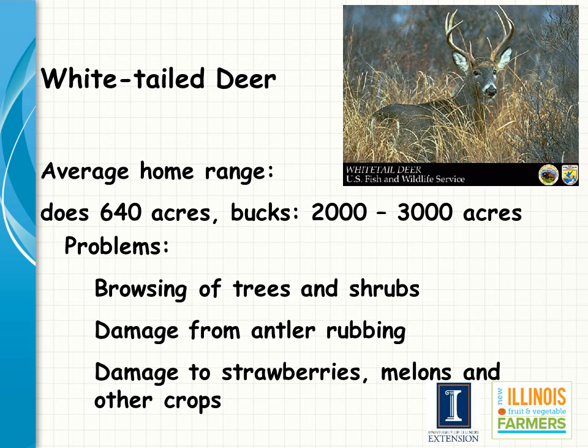Let's talk about deer for a minute. White-tailed deer can impact, again, both fruit and vegetable yields from browsing as well as from antler rubbing in the fall or winter. Their home range is much larger than rabbits, so managing their behavior is a little more challenging because the animals may spend time on adjacent lands to your farm.